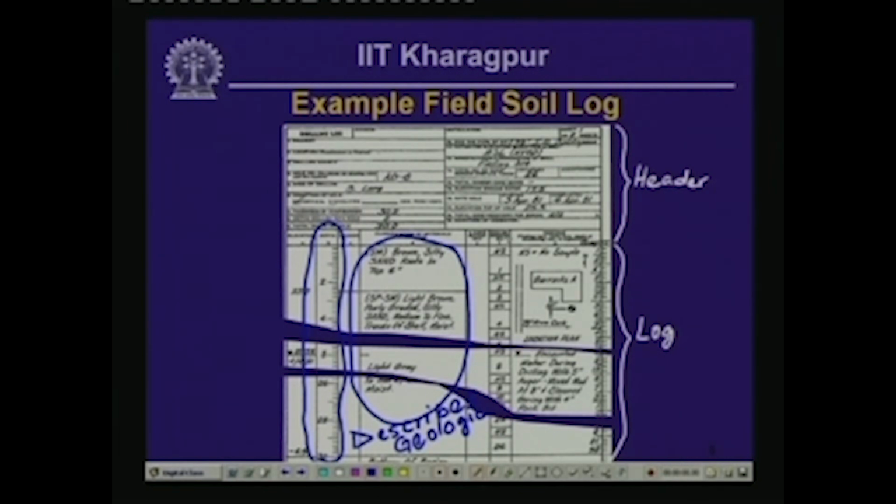Then there is another column out here in which the sampling activity during the drilling process is described. You can see terms like NS here, NS means no sample, and where a soil sample was obtained, the sample number is indicated on the log itself.